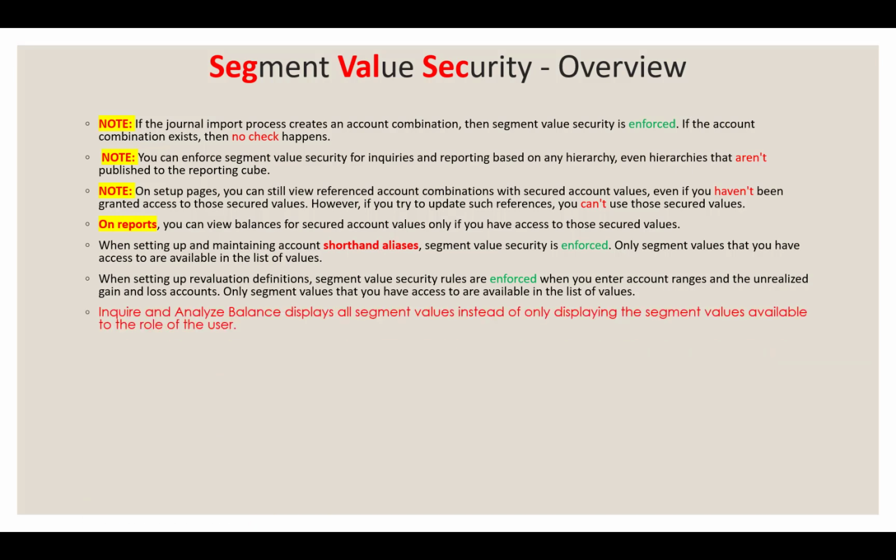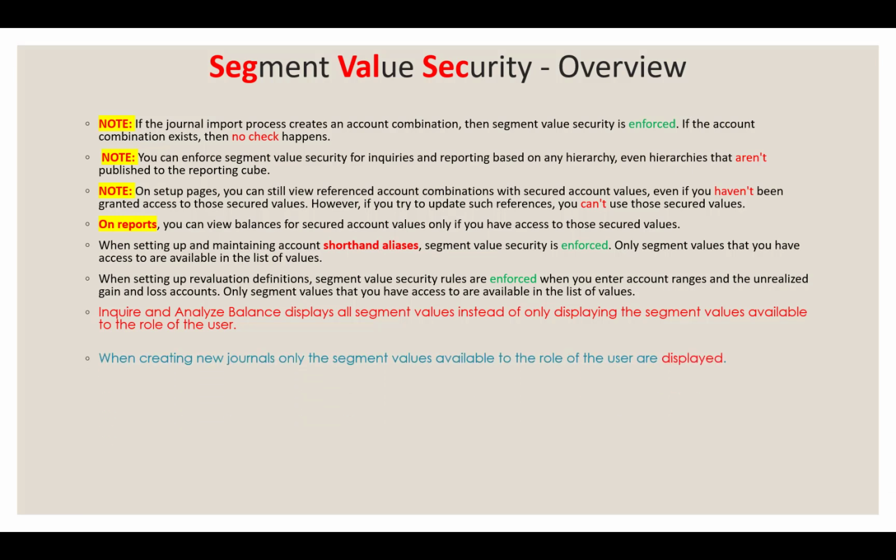Inquire and Analyze Balance displays all segment values instead of only displaying the segment values available to the role of the user. Later, when we do some practice, there are steps to enable the security, create a custom rule, assign the rule to the users, deploy the chart of accounts flexfield, and set your rule condition operators, and then log out and log in again to check whether it is affecting the system or not.